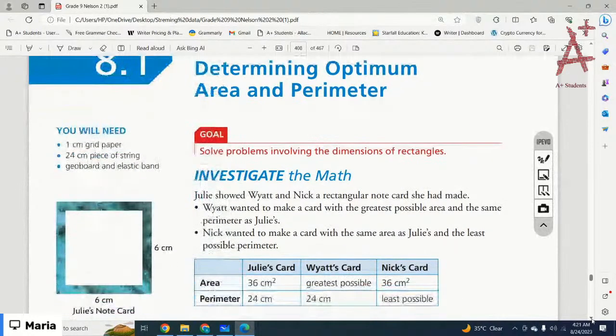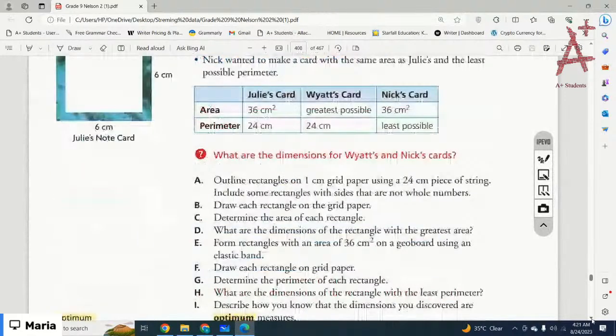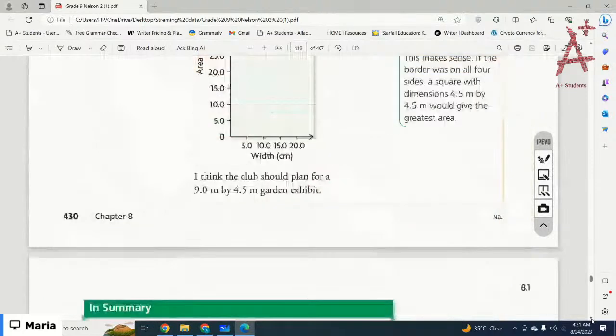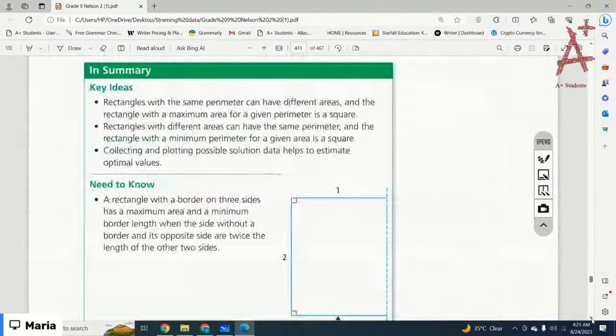Rectangles with the same perimeter can have different areas, and the rectangle with maximum area for a given perimeter is a square, right? Rectangles with different areas can have the same perimeter, and the rectangle with a minimum perimeter for a given area is a square.